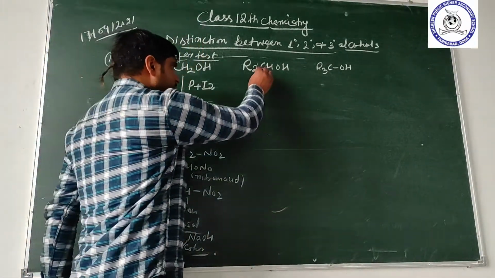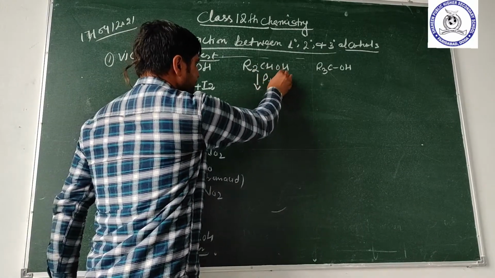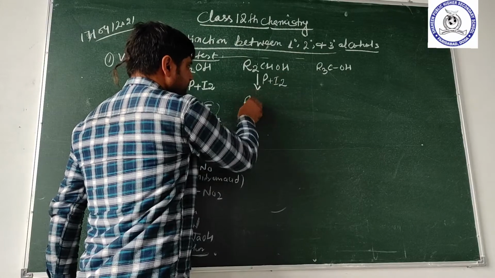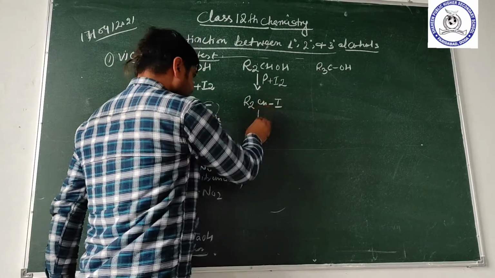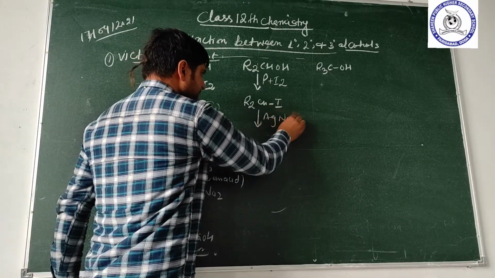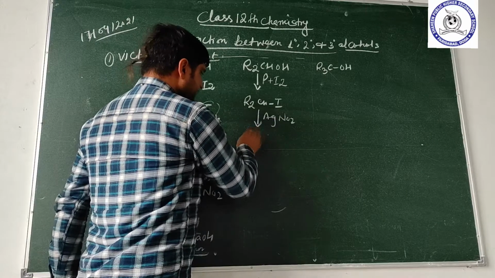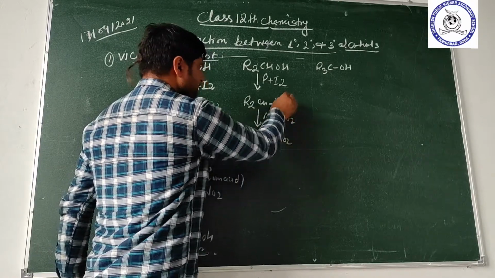When secondary alcohol reacts with phosphorus plus iodine, the first step is the same, that is R2CHI is obtained. In the second step, when it reacts with AgNO2, we get R2CHNO2.